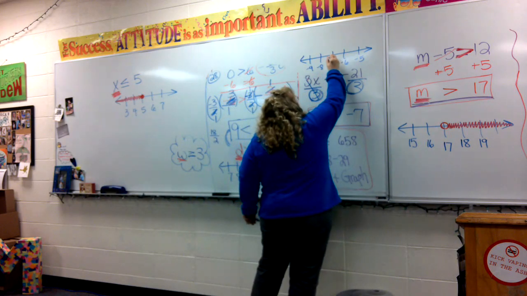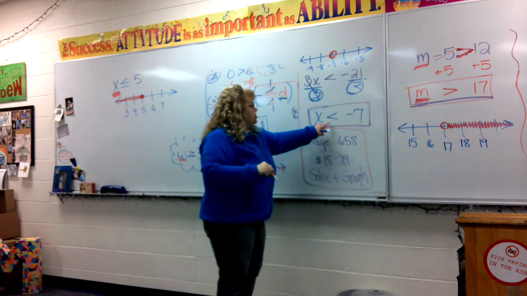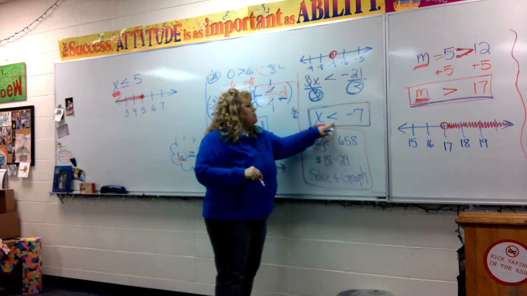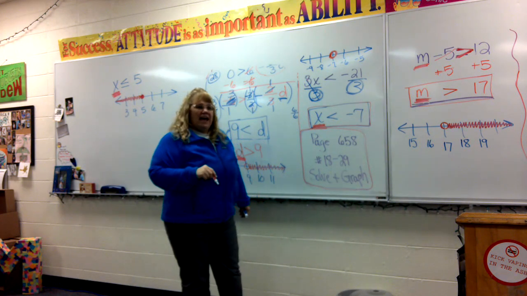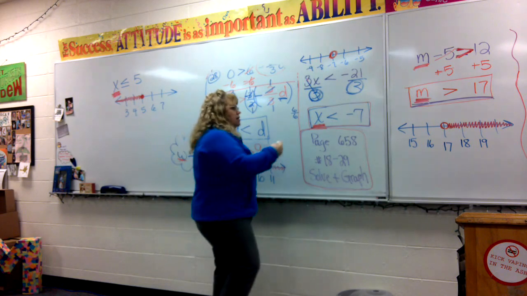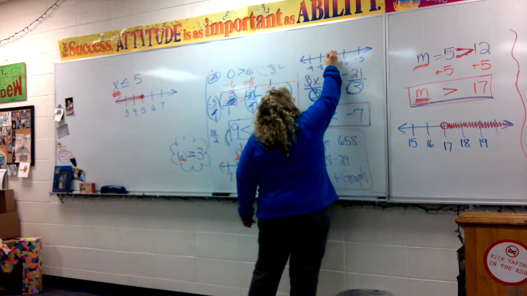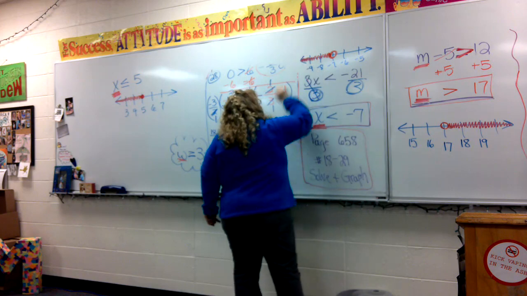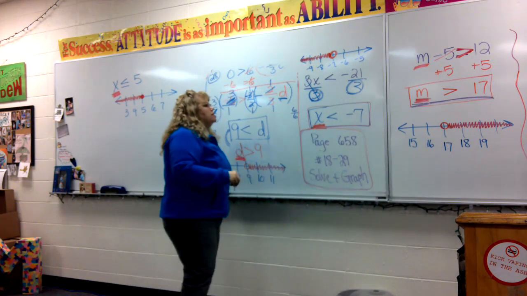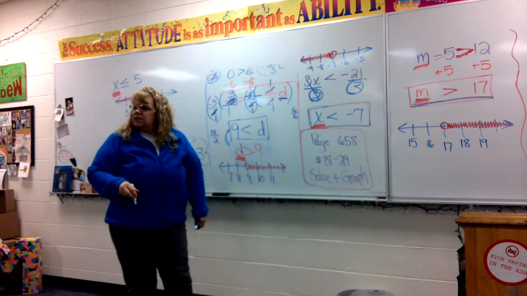I'm not going to color it in because there's no equals. And then which direction? I need the values that are less than, smaller. Well, this tells me I'm going to color in to the left. And those are the values that are smaller than -7. Does that make sense?